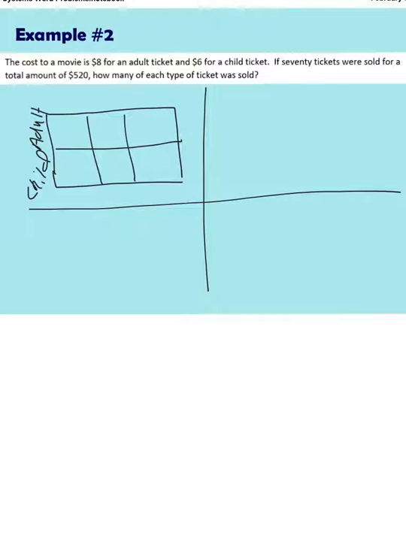Then across the top, if I knew the number of tickets that I had, and if I knew how much they were, so times their value, I would multiply them together to get the total value of those tickets. As I'm standing at a ticket counter and I say I want to purchase 10 tickets, they take those 10 tickets, the number of tickets, and multiply it by the price of those tickets to get the total cost. So then I need to fill in my chart.